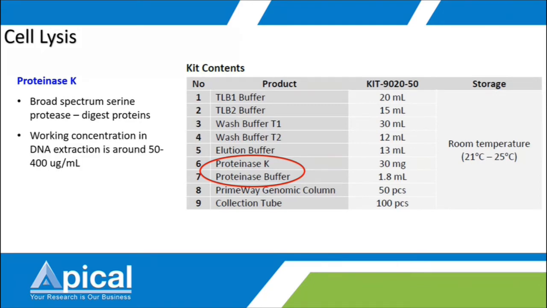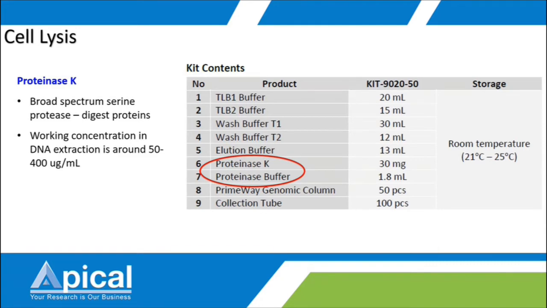Here, just to share some additional information on proteinase K. The working condition of proteinase K in DNA extraction is usually around 50 to 400 microgram per mL. Most of the commercial kits will use 20 to 25 microliter of 10 milligram per mL proteinase K. So it gives a working concentration of about 200 microgram per mL.